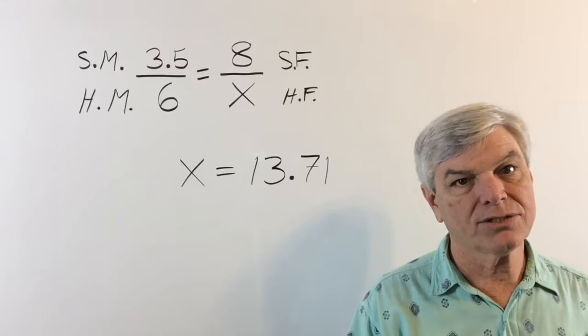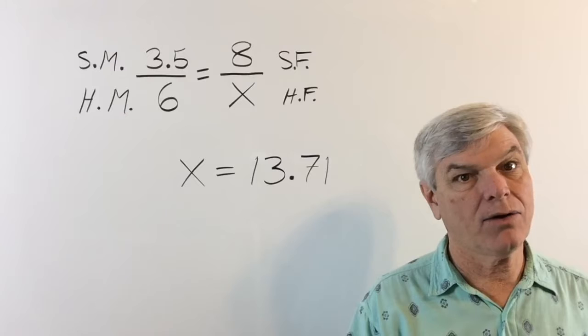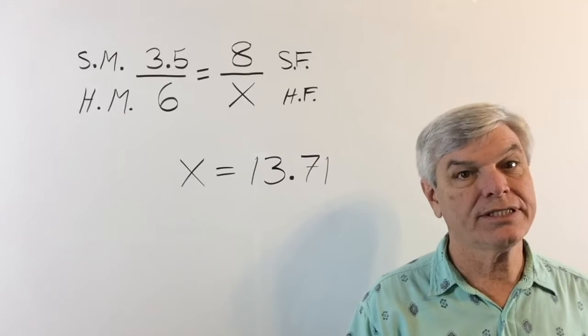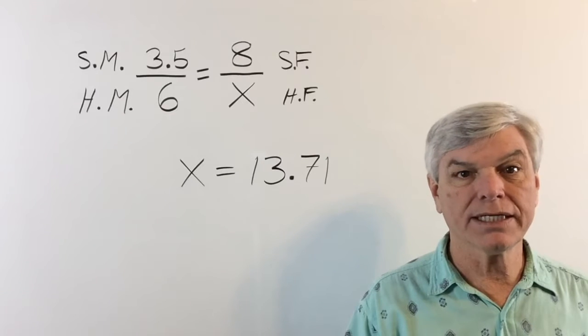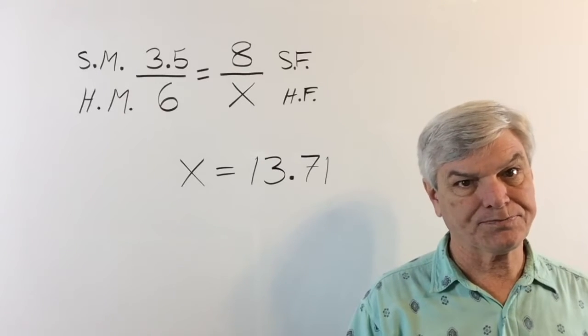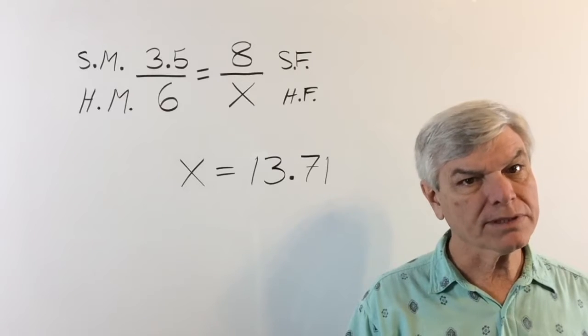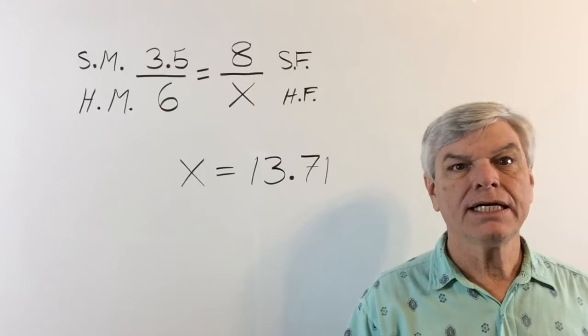Normally, in algebra, if they don't ask you how far to carry out a decimal position, it's usually 2. It's out to the hundredths place. So he put 13.7. For our purposes, I really am going to require that you do it to the hundredths place.